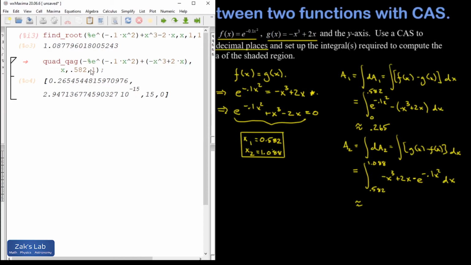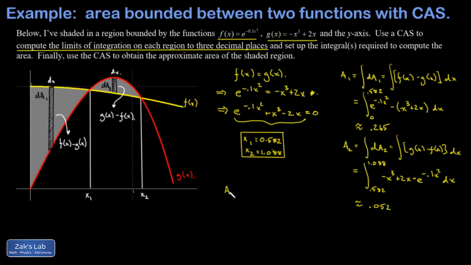I can even keep that 0.582 and change it to my lower bound, and then my upper bound is 1.088, comma, and I hit shift enter, and we get 0.052 for this. Finally, we get the total area, and that's A1 plus A2, and we get an approximation of 0.317.